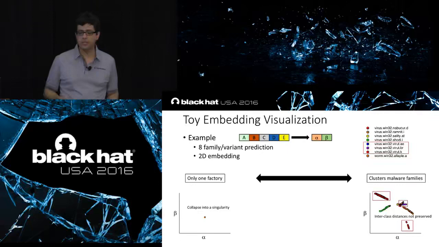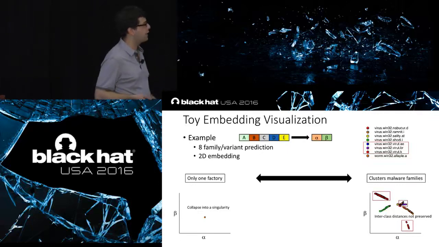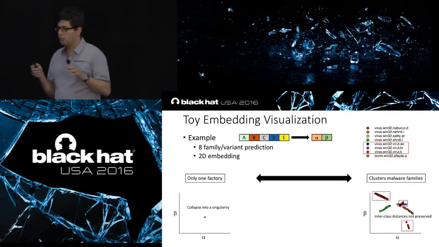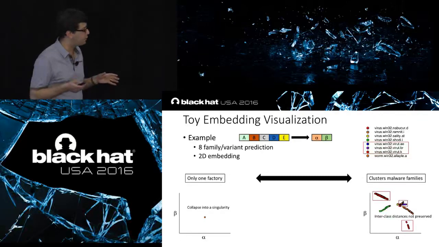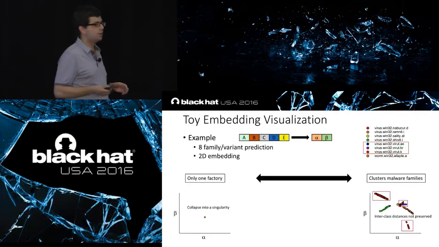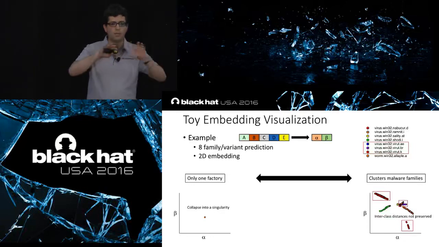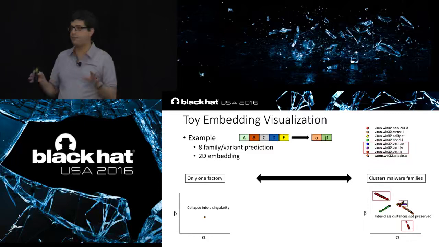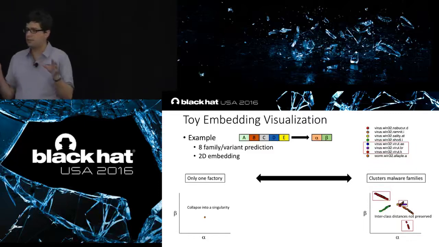On the other hand, if you say, I don't care about this one factory rule, I only care that we cluster, well, then you do cluster, and you cluster fairly well. But what happens is your neural network tries to separate the malware too aggressively. And so the distances between families stop making sense.